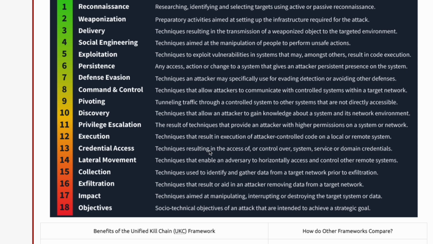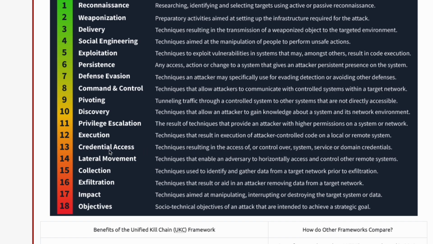Credential access is you want to access or gain control over their system or domain credentials or service credentials, which gives you even higher privileges, right? Lateral movement allows you to move horizontally. This could actually be done around this time as well. Pivoting is a form of lateral movement, and then you escalate privileges and you just repeat this. You could rinse and repeat this until you have maximum privileges.